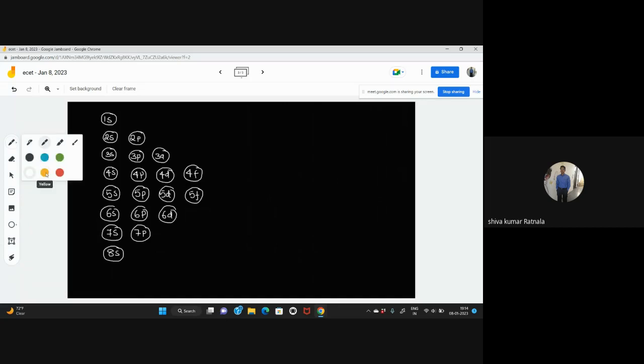Now from this, what we can write first, this is the sequence. That means first it will enter 1s, after that 2s, then 2p, then 3s.